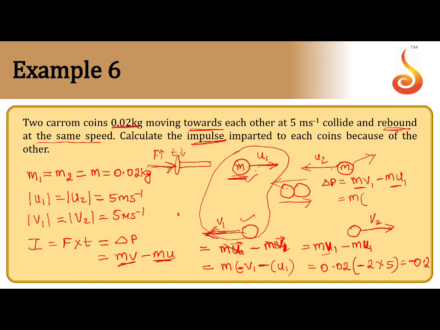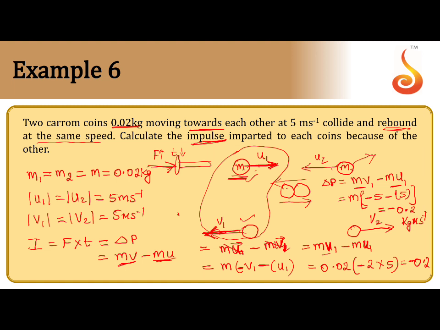When I pull it out, if I take the initial velocity to be along positive x, after collision it will be minus. So this will be minus 5 minus, the initial velocity is also 5. m is 0.02, so this will become minus 10 into 0.02, that is minus 0.2 kg meter per second.